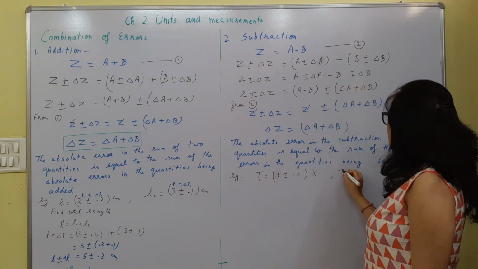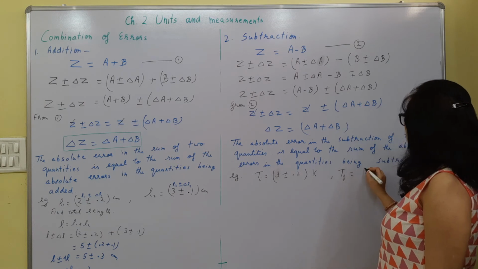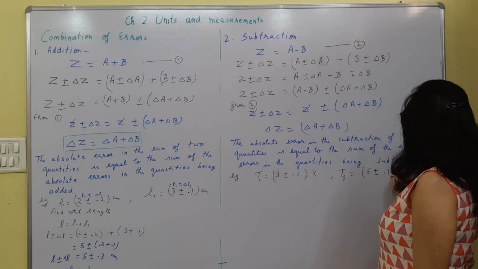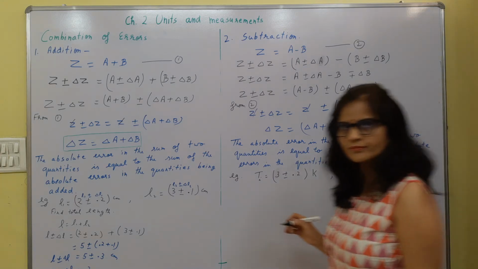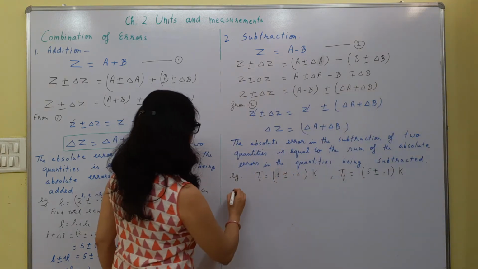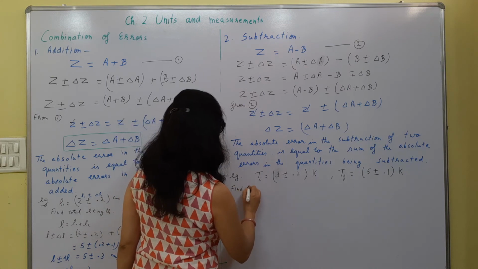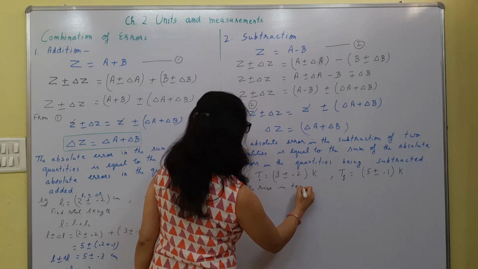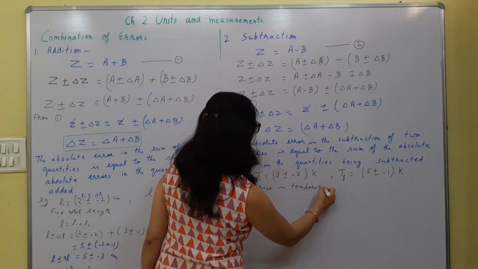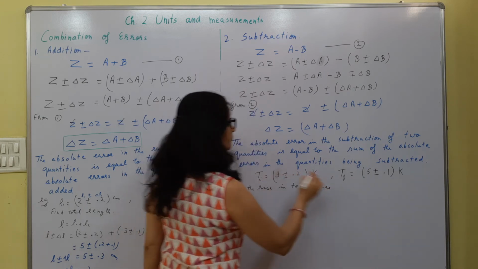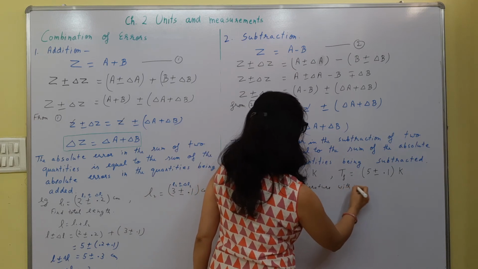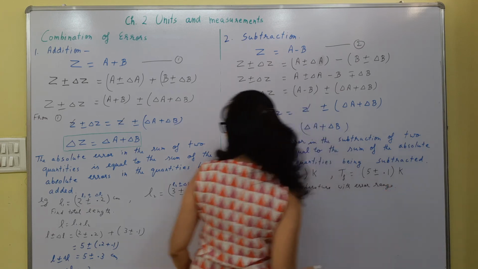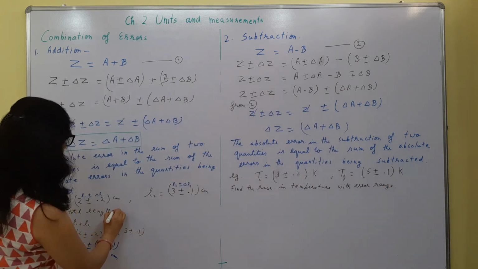And final temperature is 5 plus minus 0.1 Kelvin, right? Find the rise in temperature with error range, obviously.